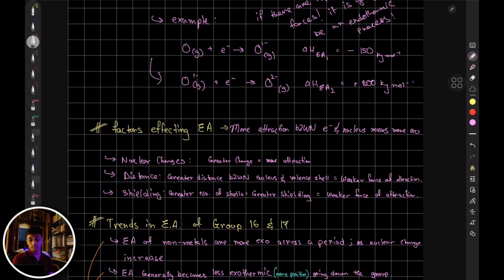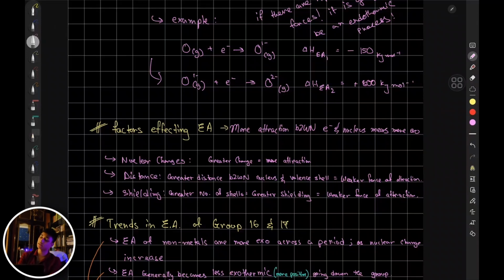Next we have factors affecting electron affinity. Okay, so for electron affinity, the nuclear charge is a factor, since if the nuclear charge is greater, there are a greater number of protons, it can have a greater pulling force, since if there is an electron outside, if there are a greater number of protons, it can attract that roaming electron.